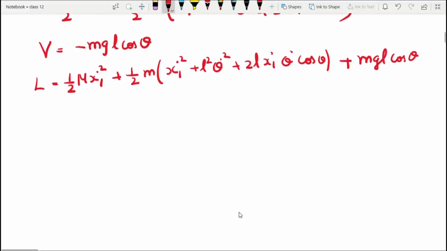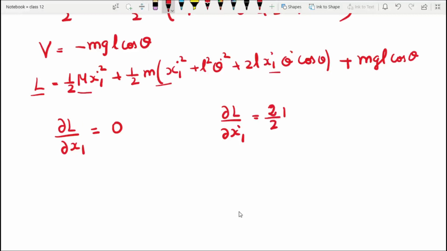Now we have to find dou L by dou x1. So the Lagrangian doesn't contain any x1 term, so it will be 0, and we have to find dou L by dou x1 dot. The first term and this term contain x1 dot, so it will be 2 times 1 by 2 capital M x1 dot plus 2 divided by 2 small m x1 dot plus 2 times L theta dot cos theta into m.